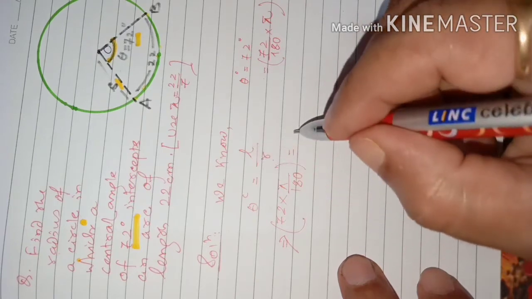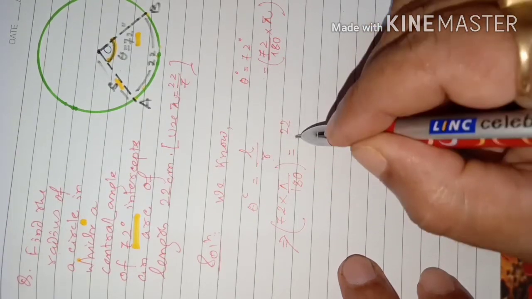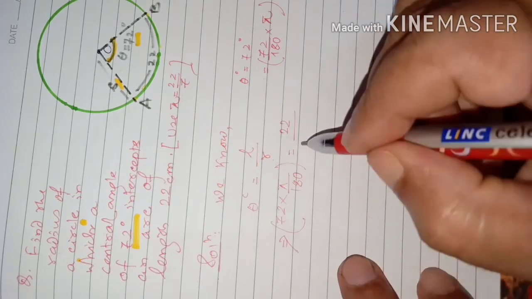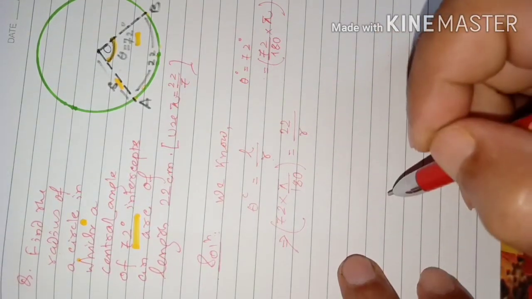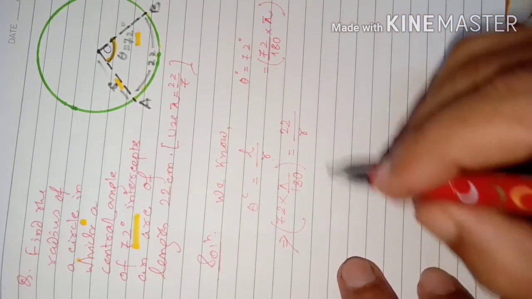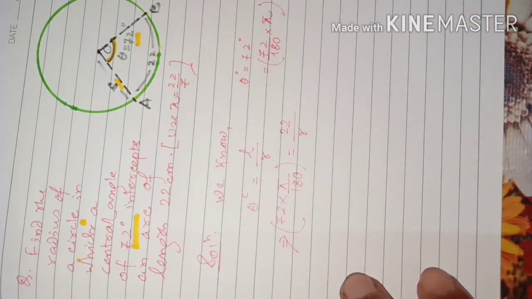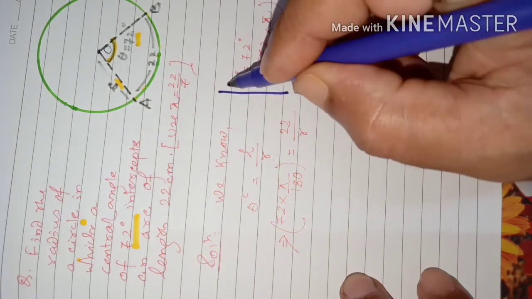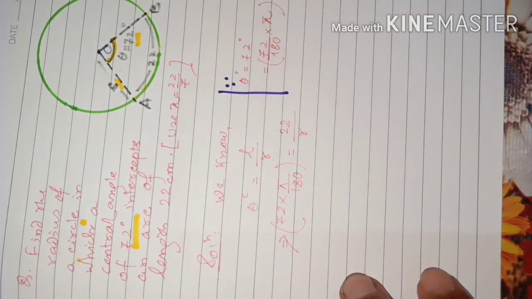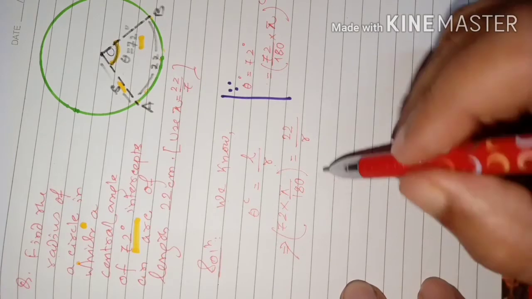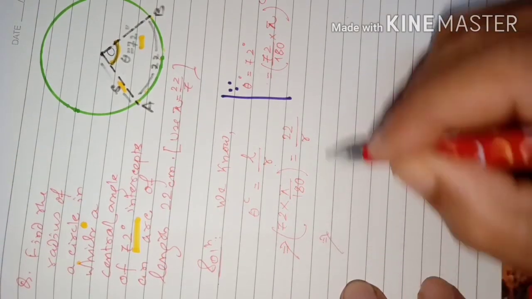So radian measure is equal to L, and L is 22. Then the radius of the circle is not known, R. Clear? Now you take this R here because you are looking for R. So this is just the conversion only. Take the R to the left hand side.